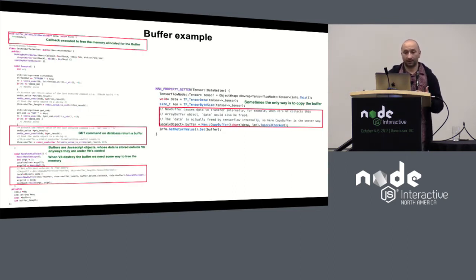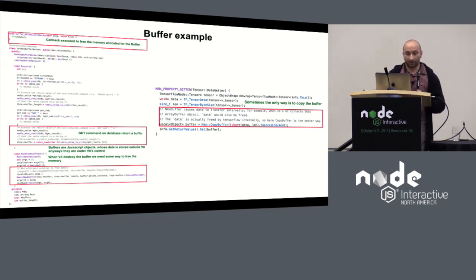Here, there is an example of a buffer usage. In particular, we are returning a buffer to the JavaScript context. Remember, buffers are objects that use memory outside of V8, but they are under V8 control.